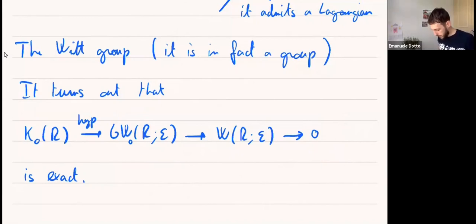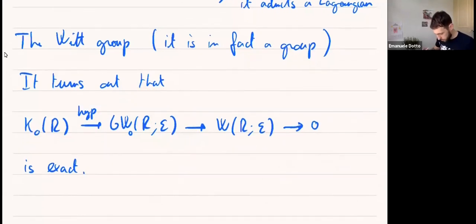Point being, this will give us a chance of understanding this middle group as an extension of the other two. So let me try to say that a bit better.